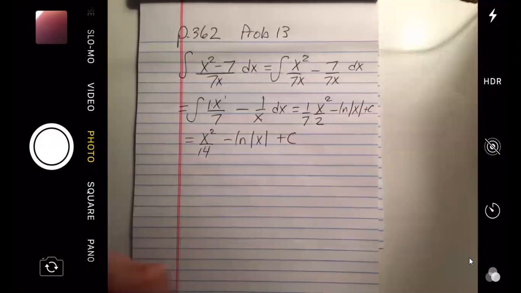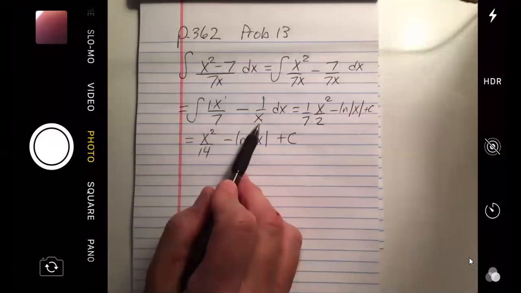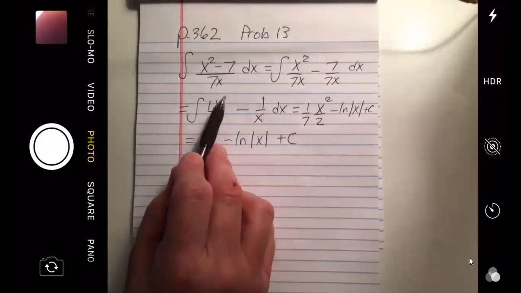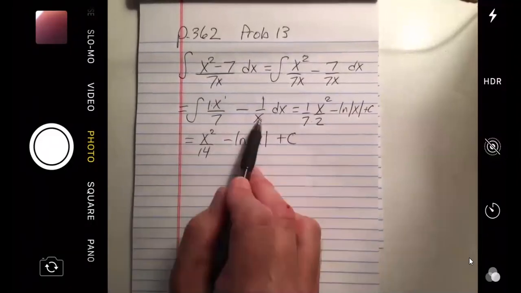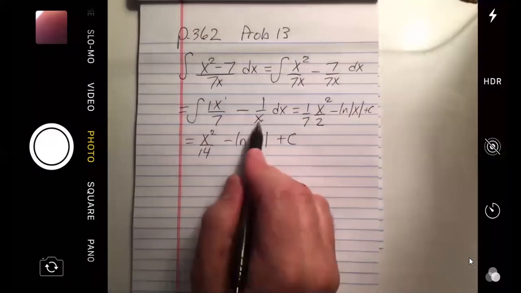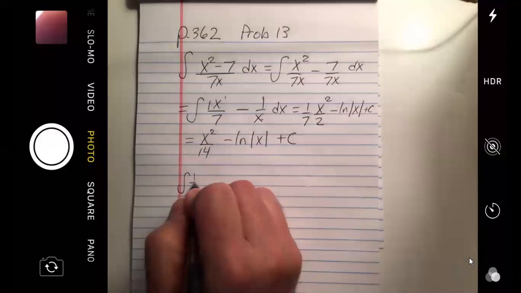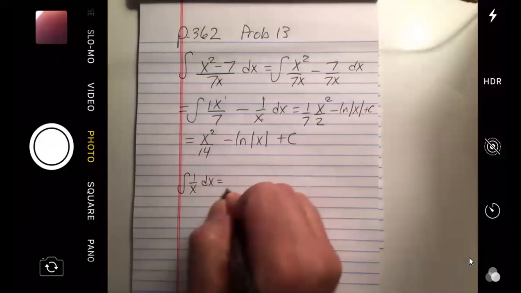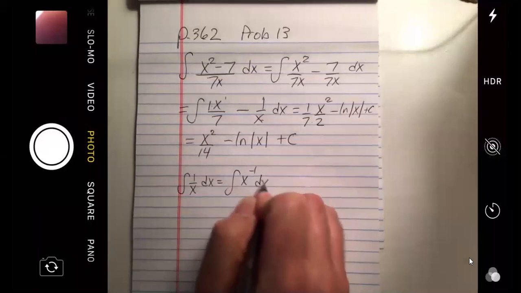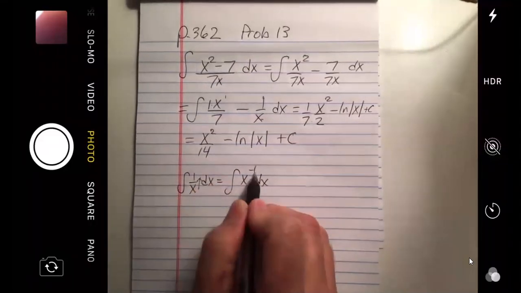It kind of shows the difference when your x is on top versus your x on the bottom. When x is on top, you work by power rules: add 1, divide by that. This is the only case that won't work. I don't know if anybody ever pointed this out. Why can't you do that with this? If you have 1 over x, you can write that as x to the negative 1, because when you switch levels, you bring it up.